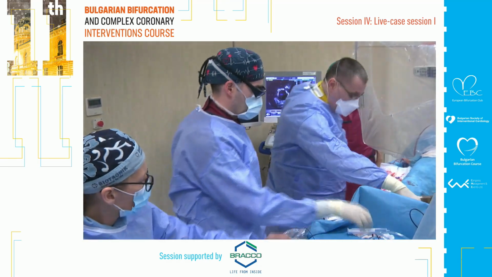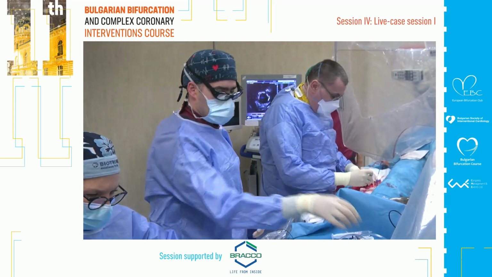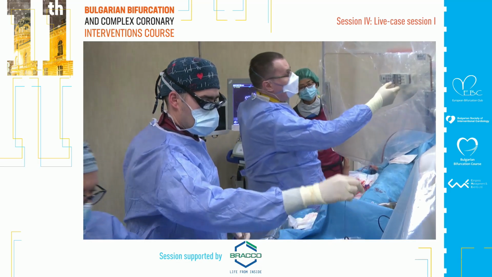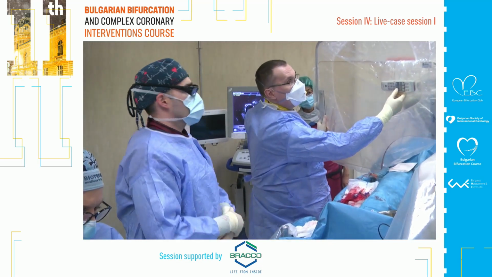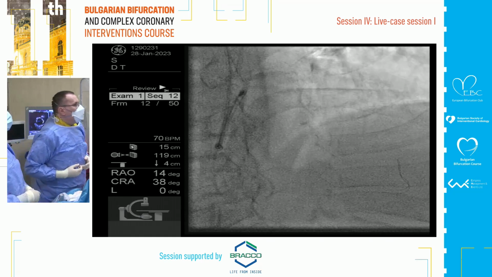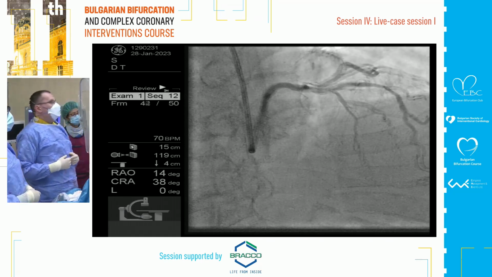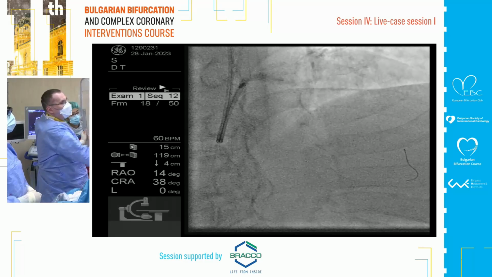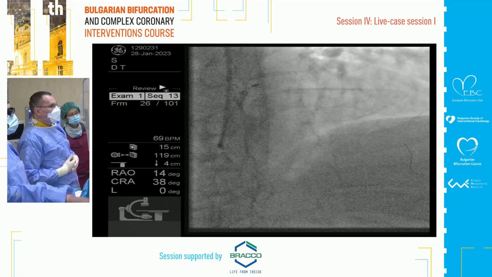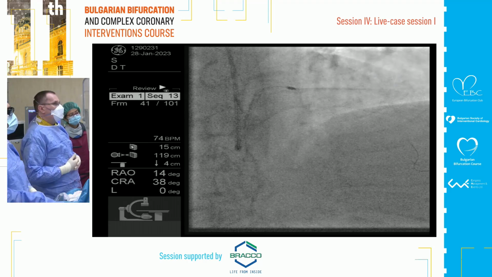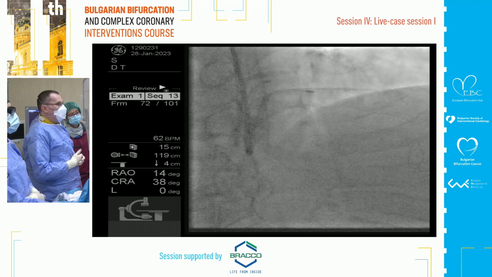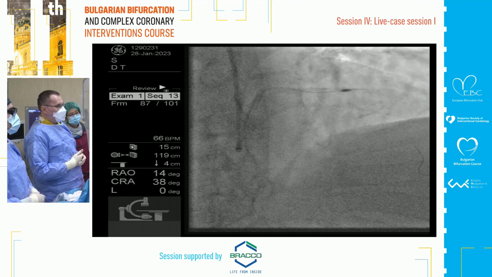So I made rotablation with a 1.5 burr at 160 RPM. It was not so easy to pass, but gradually we were able to cross the lesion.